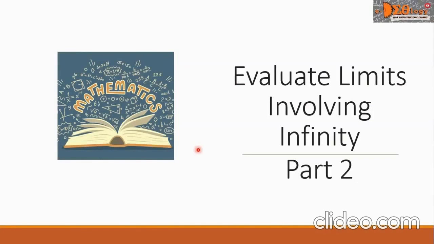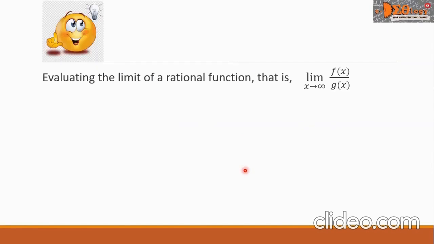Hi everyone. Today we're going to study evaluating limits involving infinity, and this is part 2. In this video, we're going to evaluate the limit of a rational function of this form: the limit of f of x over g of x as x approaches infinity.